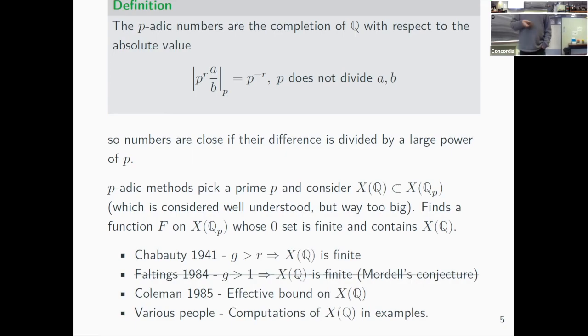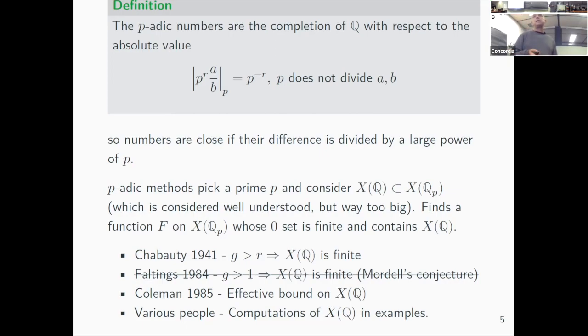So the whole subject maybe starts in 1941 in a paper of Chabauty, where he proves that if g is greater than r, so the genus is greater than the rank, then X(Q) is finite. And as you can see in the second thing, this predates one of the famous theorems of the 20th century, the theorem of Faltings, where he proved Mordell's conjecture, which was that anytime g is greater than 1, X(Q) is finite.